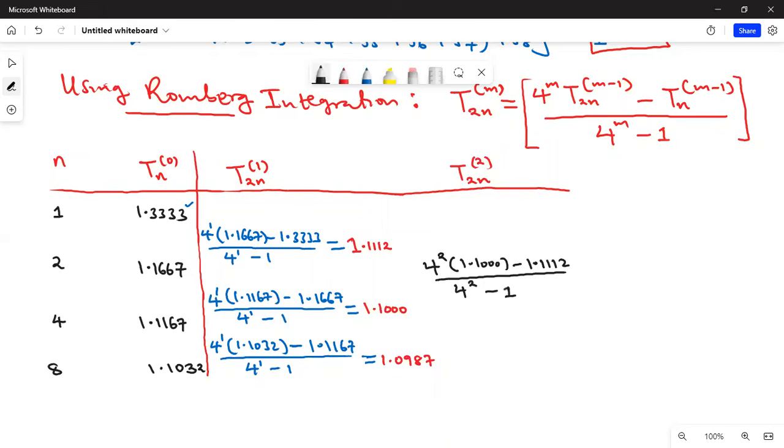Write your answer. That should be 1.0993. So we write here 1.0993.